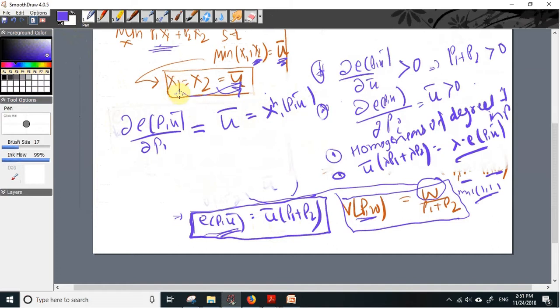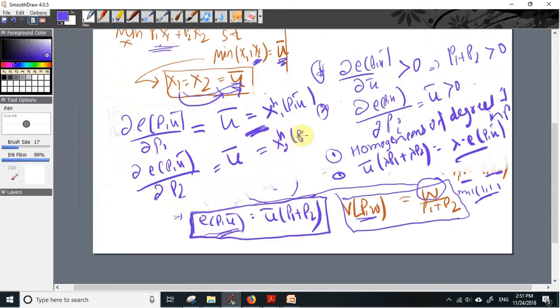So we see that the Hicksian demand is u bar, which is the same as derived from the expenditure function. Similarly, we can partially differentiate the expenditure with respect to the second commodity price, which is also u bar, and we see that the Hicksian demand for x2 is u bar, which is the same as we get from the expenditure function. So this is the Hicksian demand function for the second commodity.